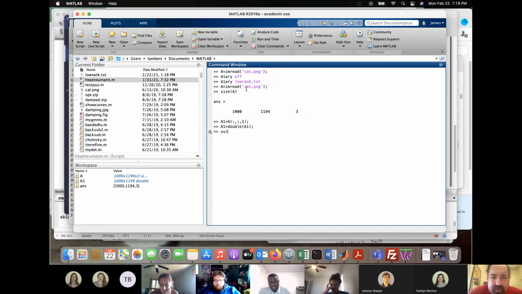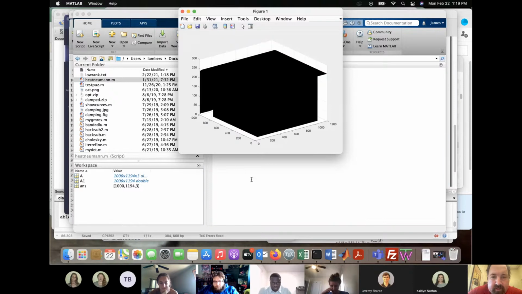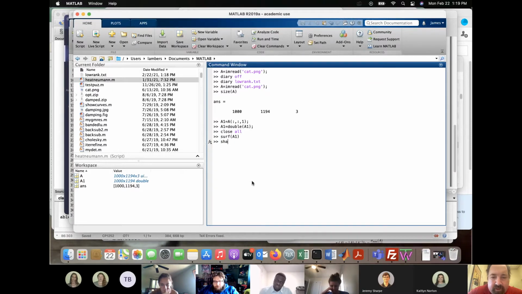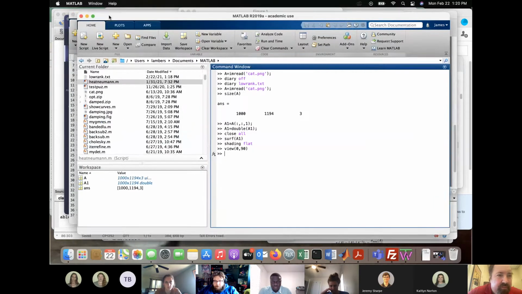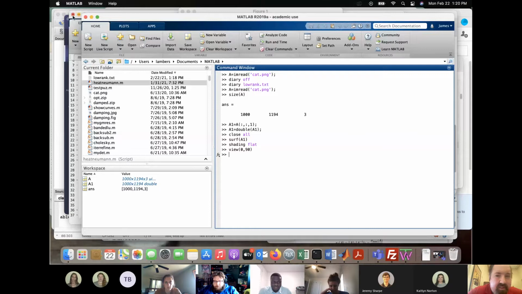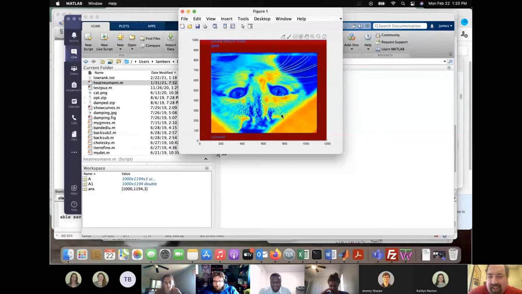Now, if I try surf of A1, that doesn't really show us anything. But then if I do shading flat, and then view 0, 90 to look down on it from above. Oh, whoops, it's upside down. But it's a cat.